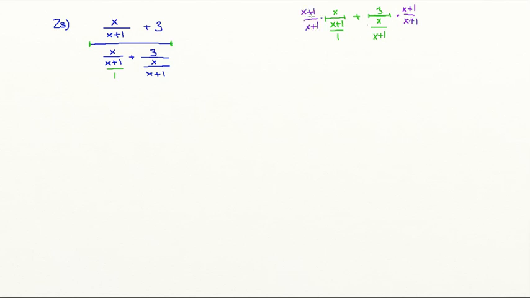Now, we could make these fractions into fractions of fractions, and then that would be x plus 1 over 1. So just to help you see what's going on, I could put an over 1 in both of these and in both of these. I know right now it's making it look more complicated, but it'll help. And now my first term here, I have x times x plus 1 over x plus 1 times x plus 1.